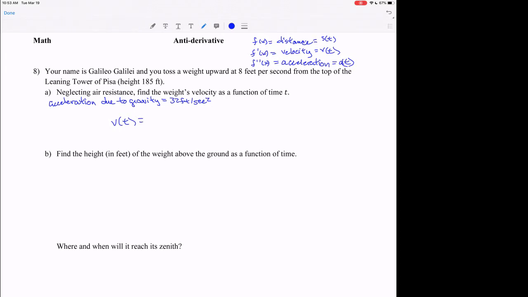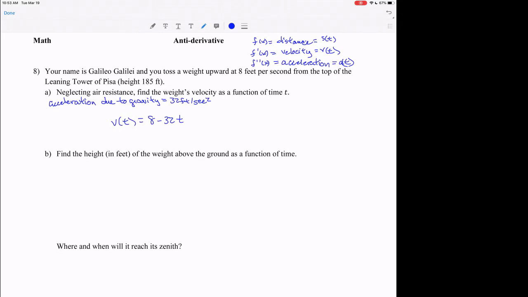That v of t equals 8, because your velocity upward is 8, minus 32t. Okay?